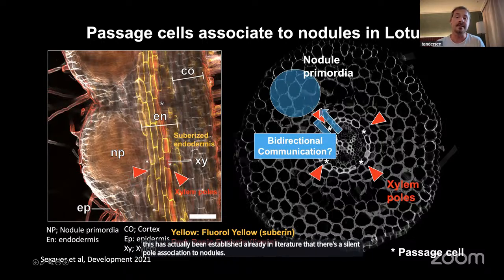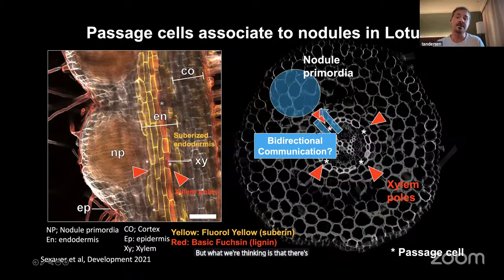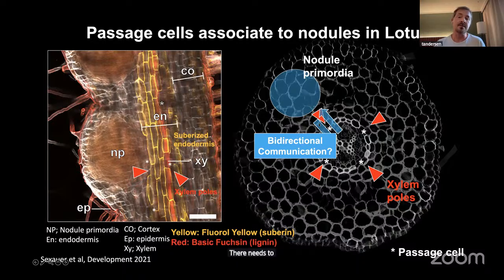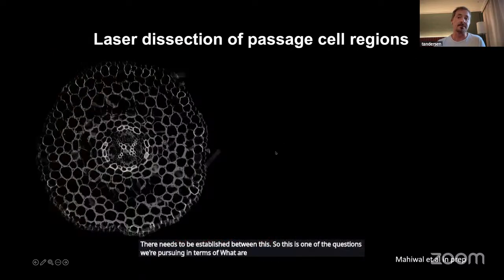But what we're thinking is that there's likely a bidirectional communication here. There needs to be a developmental connection for establishing a link to the vasculature beneath. So I think it's very reasonable to think there is a connection that needs to be established. This is one of the questions we're pursuing in terms of the functions of passage cells.